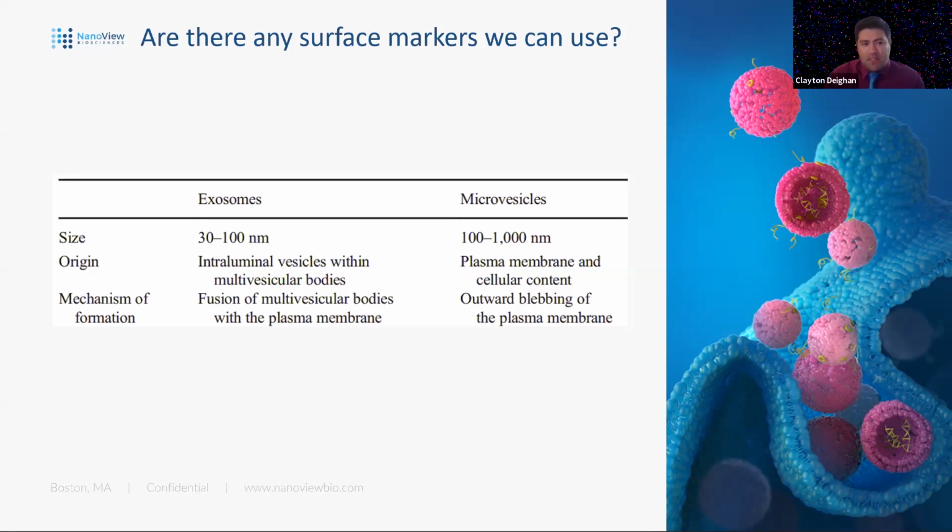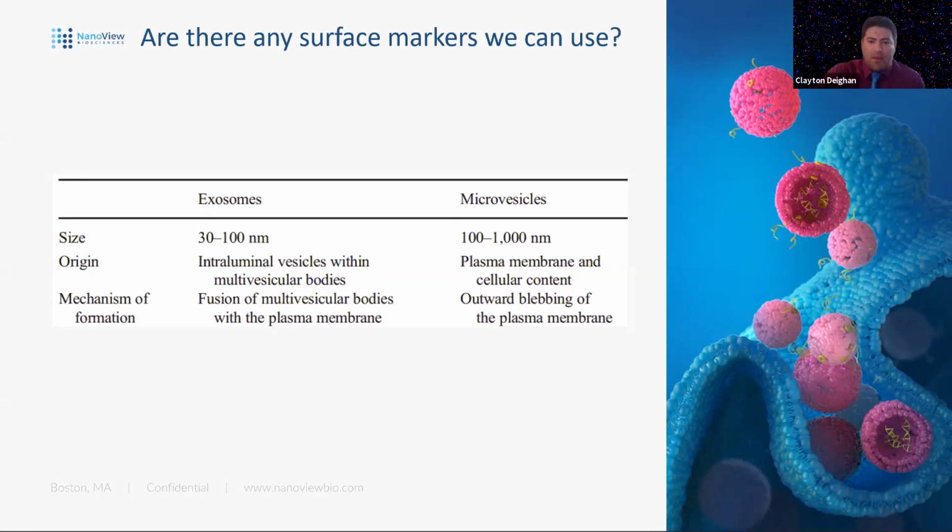And what's different here is that their origin and mechanism of formation is supposed to be different, but then the only physical characteristic we've described is a potential size difference. And outside of that, they're really all coming out together. So what we have is, in both plasma and in cell culture and in mixtures of the two, a wide mix of surface budding and endosomal production being mixed together.